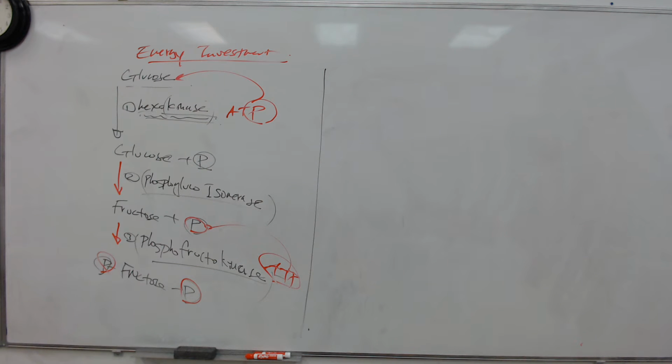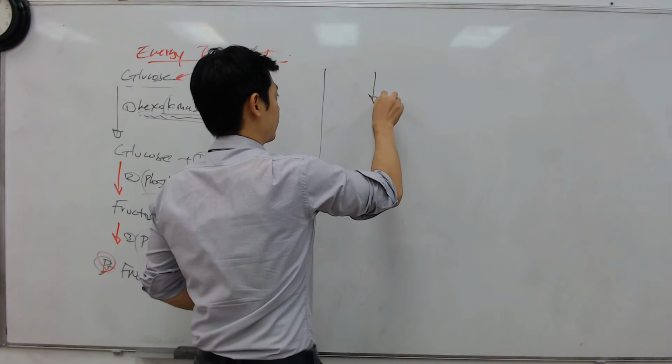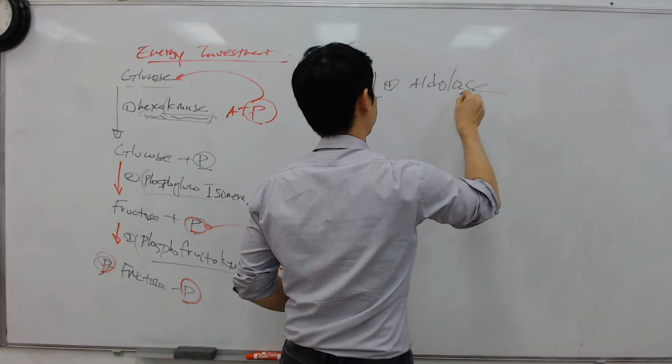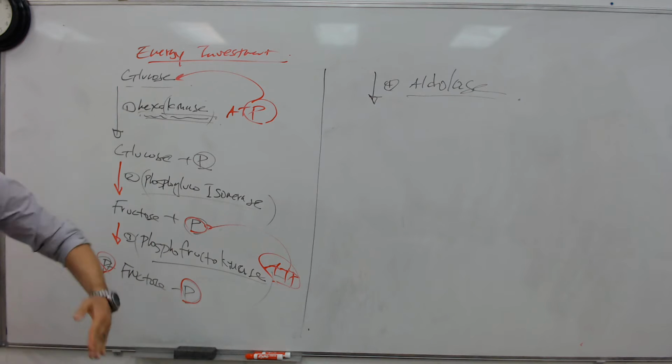After this, if you've done the reading, the term glycolysis really comes from the 4th step. The 4th step is by aldolase. What it does is split up fructose in half.